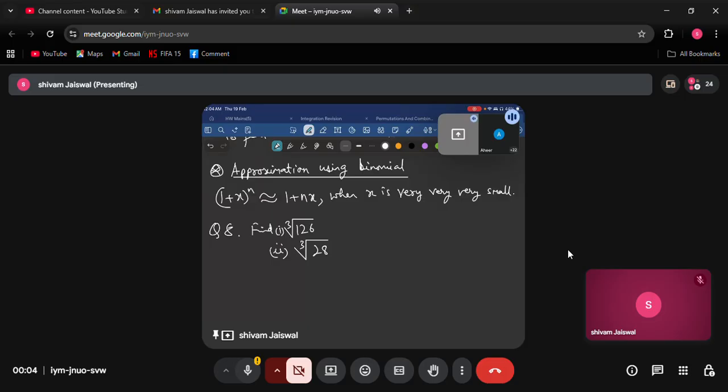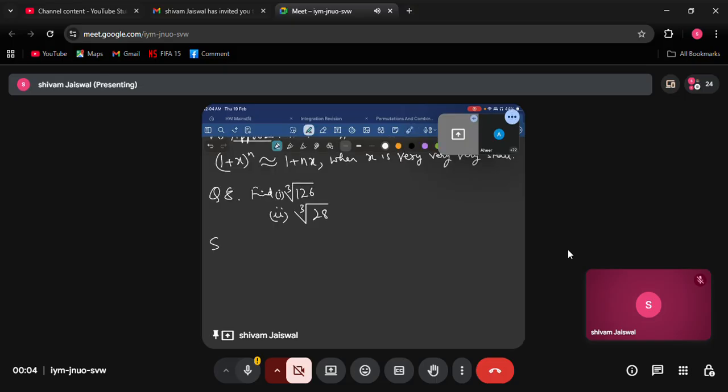Then Adrija, you're making a mistake. Wait, everyone, I'm solving this one. Pay attention. So basically, you need to convert it into 1 plus x. This approximation is only possible when x is very, very small.